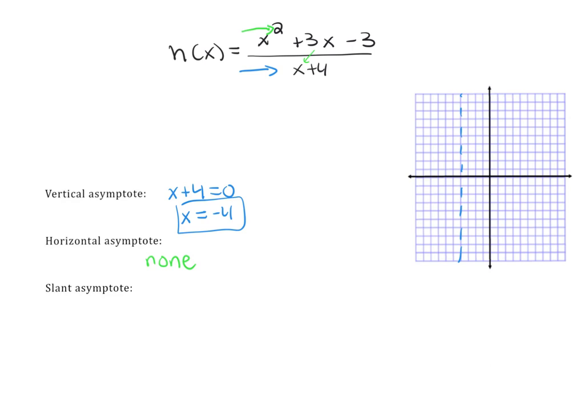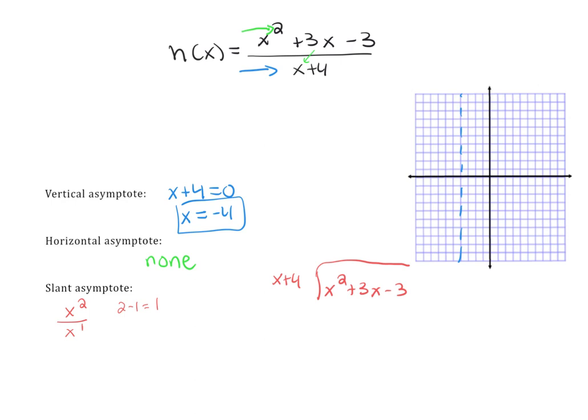But notice how the degree is x squared in the numerator and it's just x in the denominator. So because 2 minus 1 is 1, there will be a slant asymptote. And here's how we find it. We have to do some long division. So I'm going to do x squared plus 3x minus 3, and I'm going to divide it by x plus 4.